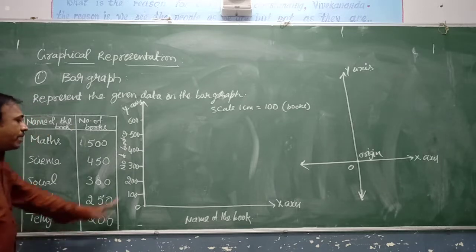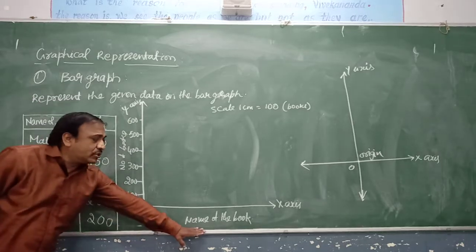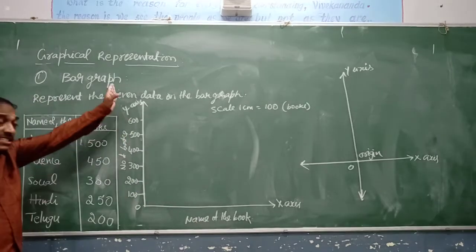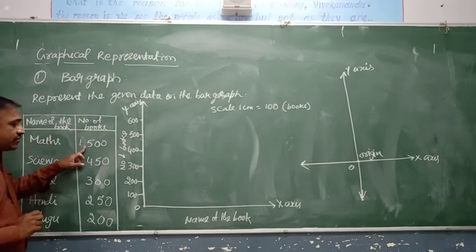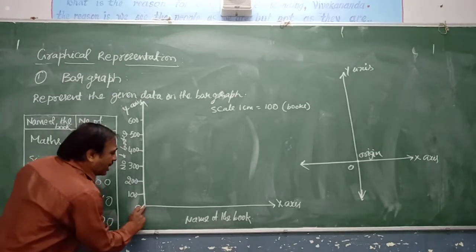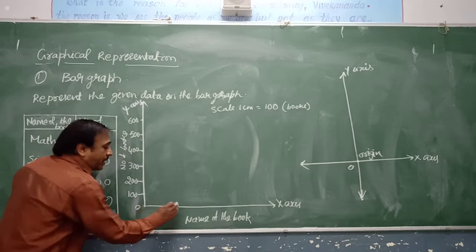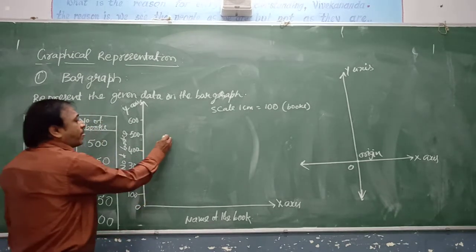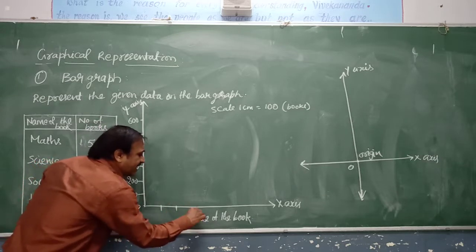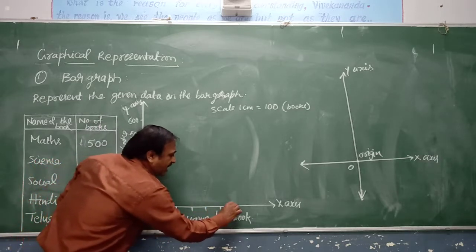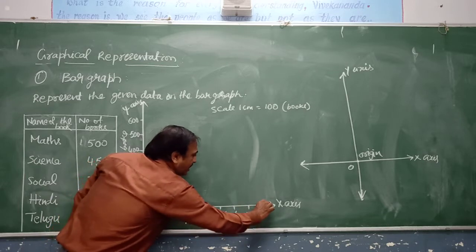Now you see, on the x-axis I took the name of the book, on the y-axis number of books. Now, how many books do we have at maximum? First one 500. So you are leaving a space before the bars. So the length of the bar is up to 500. Here small 1 centimeter, 1 centimeter, 1 centimeter. In your graph books you will find all this like this.